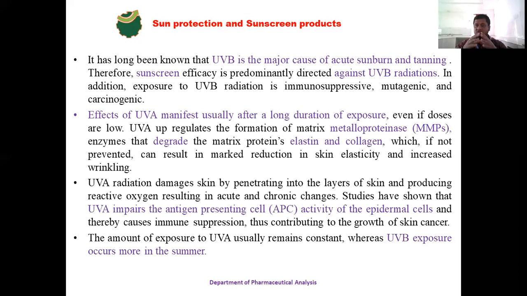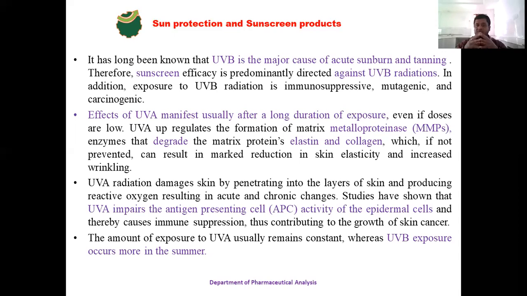I already said that UVC, if we keep it aside, is absorbed by the atmosphere. If we take UVA and UVB, UVA is not of that high intensity. The main intensity is in UVB rays, so our main aim is to protect the skin from UVB rays.